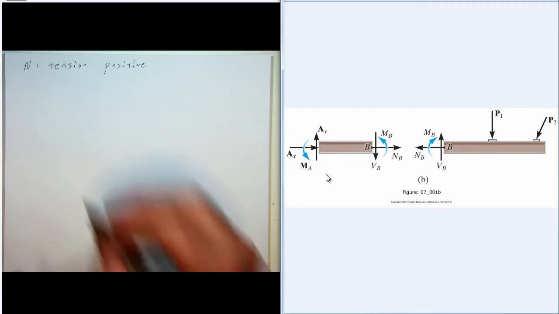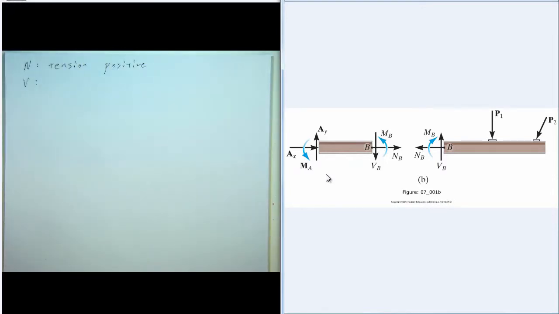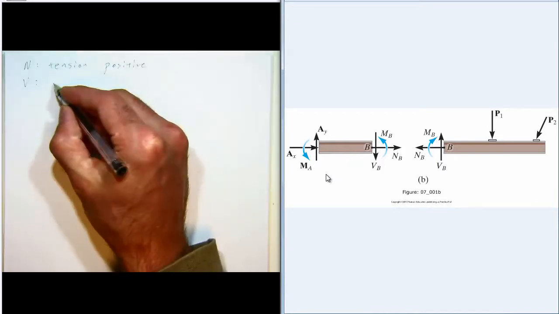For shear force, which is denoted V, the convention is that the shear force causes a clockwise rotation. That's kind of confusing from what we worked with before with bending moments, but that's how it is. Clockwise rotation is positive.